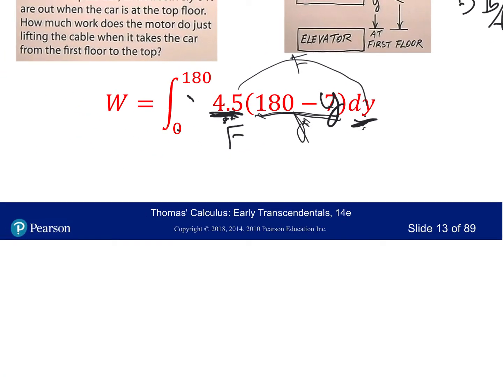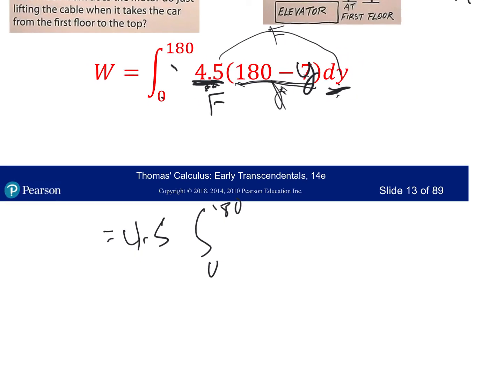No wonder it took me so long yesterday to get it all done because there's a lot of theory here. But it's a very simple integral. Pull out the 4.5. And by the way, looking at your guys' textbook homework, you need to do the work. You can't just rely and say, magic calculator answer.